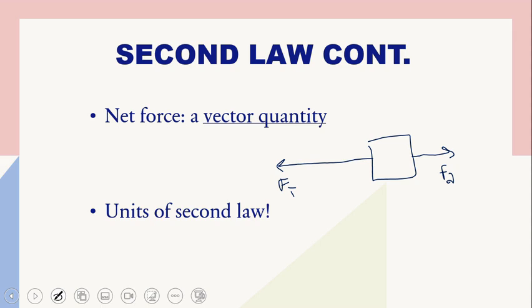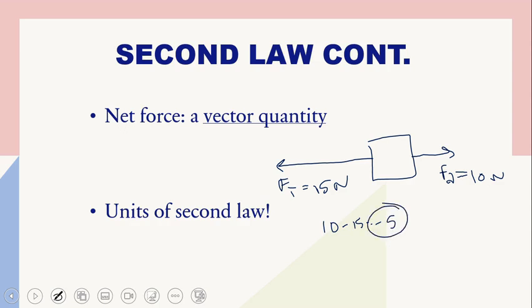Net force is also a vector quantity. If the net sum of the forces exerted on an object is positive, then the net force points to the right, and vice versa. So for example, if we take our box here, and we say the applied force has a magnitude of 10 Newtons and the tension has a magnitude of 15, then the net force on this object is going to point to the left, because 10 minus 15 yields negative 5, which is pointing to the left.